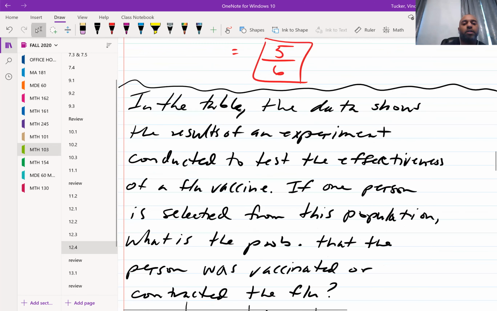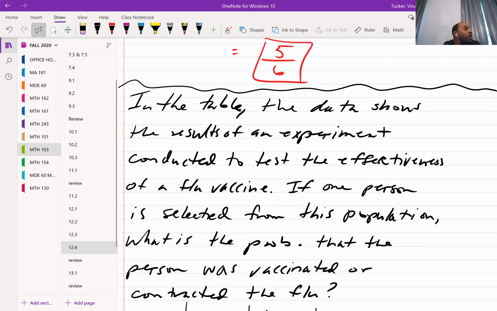All right. So in the table under this, the data shows the results of an experiment conducted to test the effectiveness of a flu vaccine. If one person is selected from this population, what is the probability that the person was vaccinated or contracted the flu?